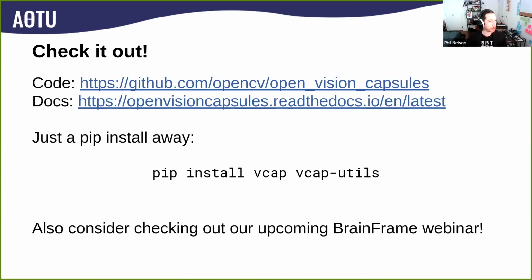As for actual questions here, let me pull these up. Henry has the question: does Open Vision Capsules support mask segmentation contours that format the Mask RCNN's output? So Open Vision Capsules, the standard format for communicating between capsules, does not specifically support contours, but it does support defining, whether it be a bounding box or a non-bounding region within a video frame, with any number of points, which we found to be a bit more generic for a larger variety of models.